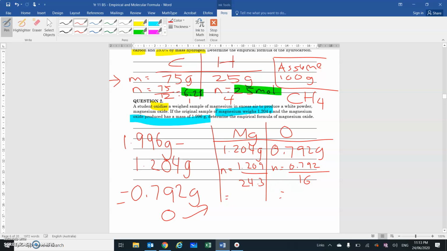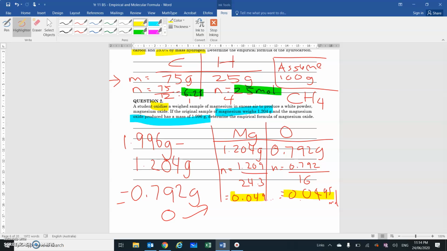And what do we get? So 1.204 divided by 24.3, we get 0.0495 mole. The other one, 0.792 divided by 16, we get 0.0495 mole. I just didn't have room to write the units, but you should write mole. So we take the smallest one.